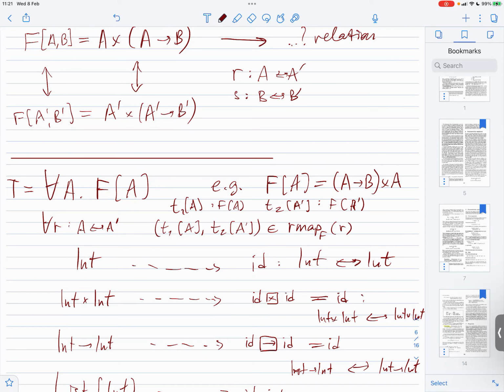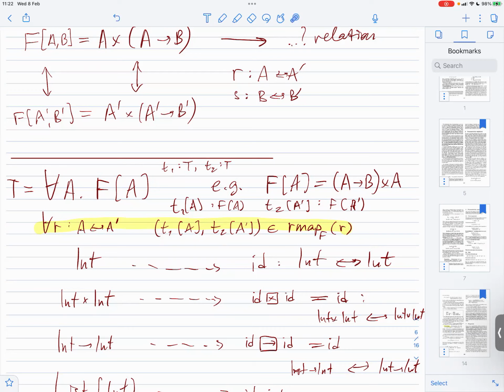So that actually is the condition for lifting to a type constructor with a universal quantifier. So this is actually the condition for the values T1 and T2. So if T1 and T2 are values of type T, it means these are functions with type parameters, usually.